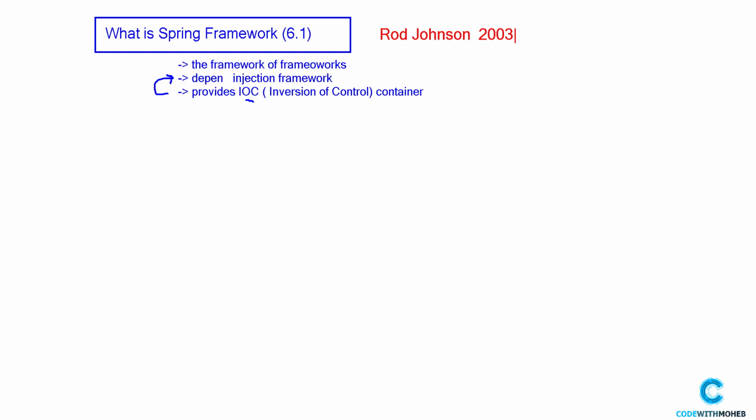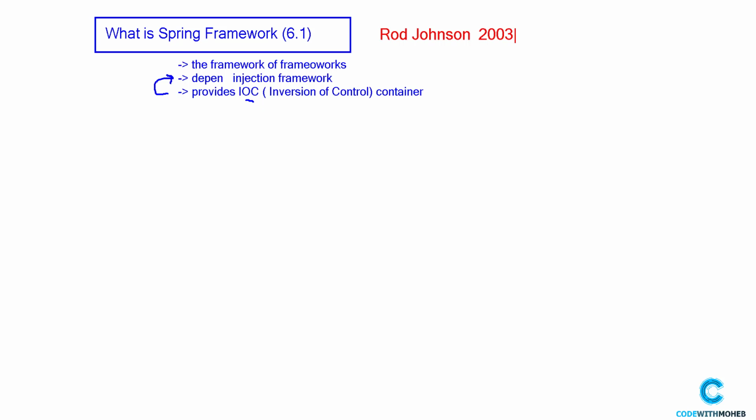So Spring was developed by Rod Johnson in 2003 for developing web applications, and this is the basic definition we can have for Spring.